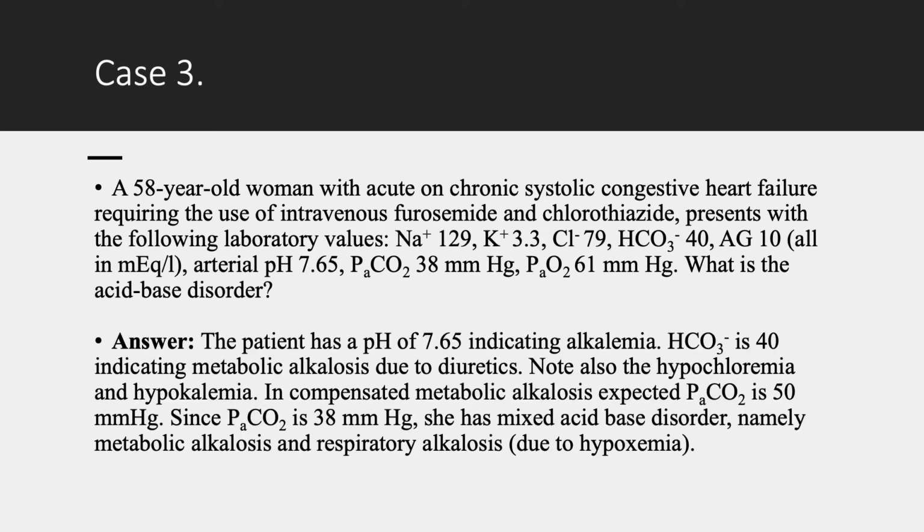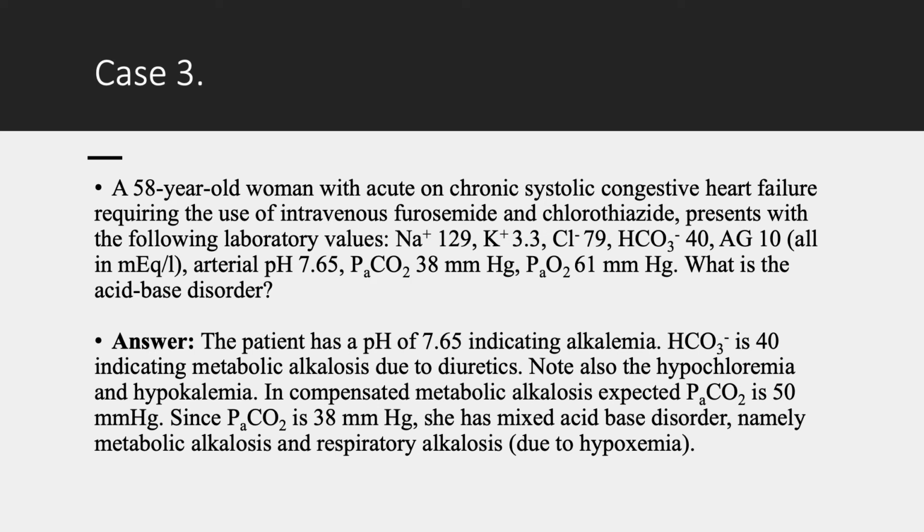So pH 7.65, you have alkalemia, bicarbonate is 40, you have metabolic alkalosis due to diuretics, you have hypochloremia and hypokalemia. Now, what is the expected response? So here, the bicarbonate went up from 24 to 40. So it went up by 16. So the PaCO2 should go up by 1.6 times 7.